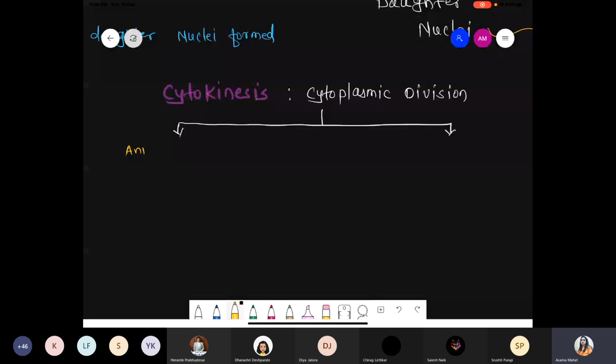In case of the animal, cytokinesis is quite different, while in case of the plant, cytokinesis is different. When we are talking about the animal, there is a formation of the cleavage furrow. Cleavage furrow, in other language, is also called invagination of the plasma membrane.